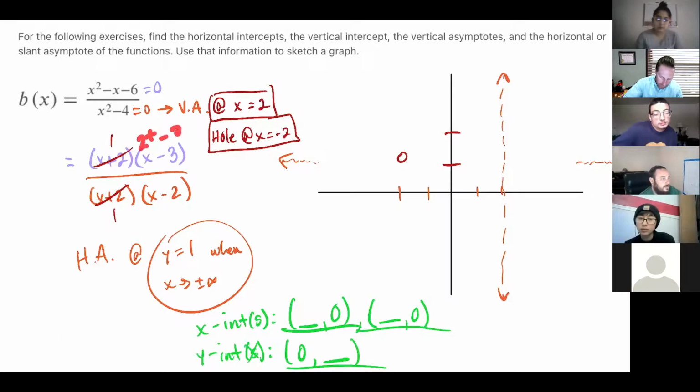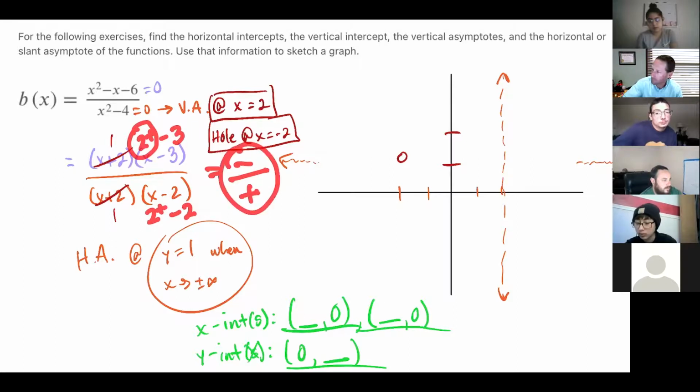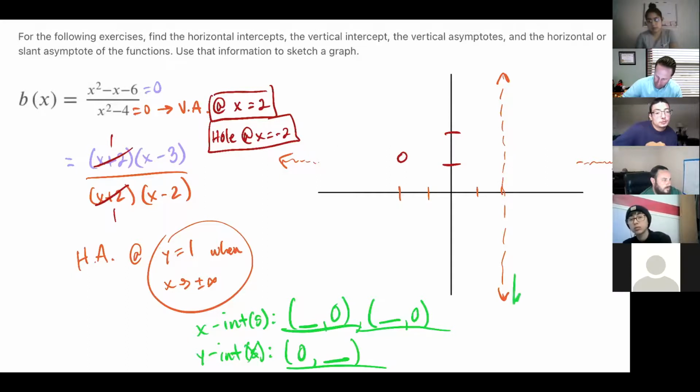Positive or negative? If you took a little bit more than 2 and subtracted 3, it would be negative. Very good. What if you took a little bit more than 2 and subtracted 2? That would be positive. And therefore, what does that come out to? Negative. And that means I know I'm going to be that and not this.